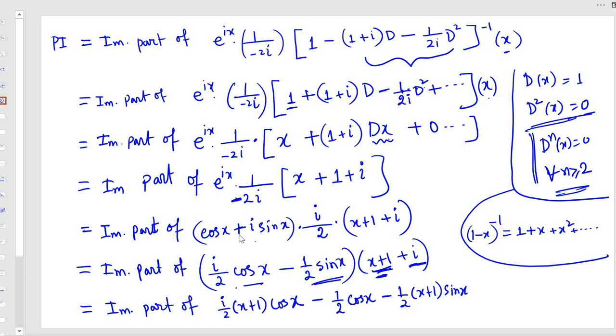And this multiplied by this, so this is minus I by 2 sine x. Now you just simplify it. Then it becomes pi equals imaginary part of half. Take the real part and imaginary part together.